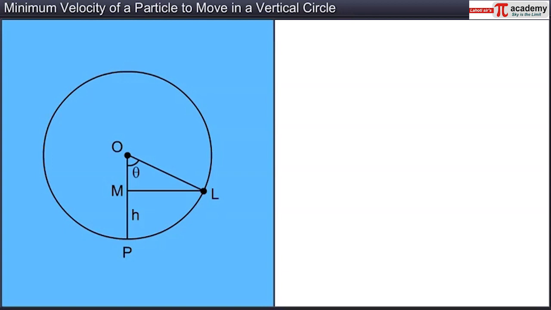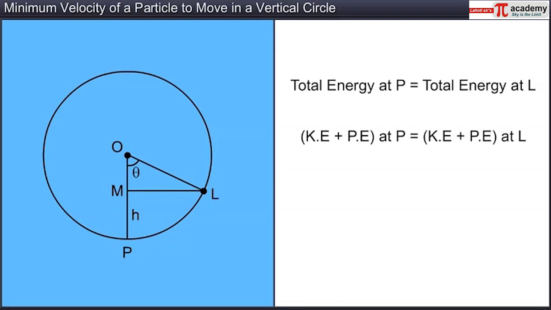According to the law of conservation of energy, the total energy at P is equal to the total energy at L, that is, kinetic energy plus potential energy at P is equal to kinetic energy plus potential energy at L. It can be written as m v1 square upon 2 plus 0 is equal to m v square upon 2 plus mgh.